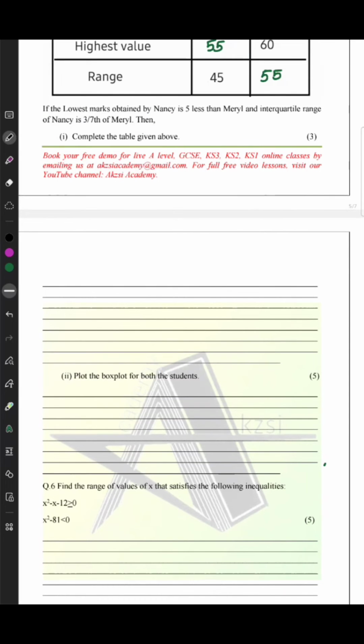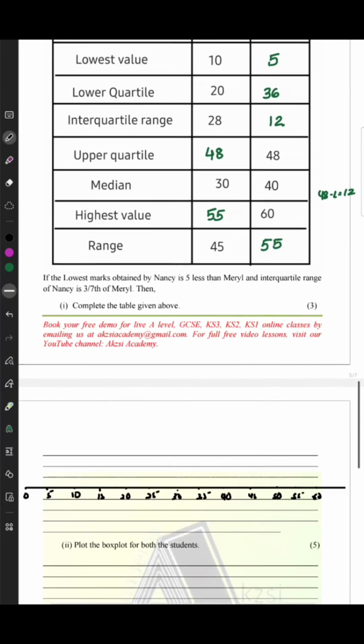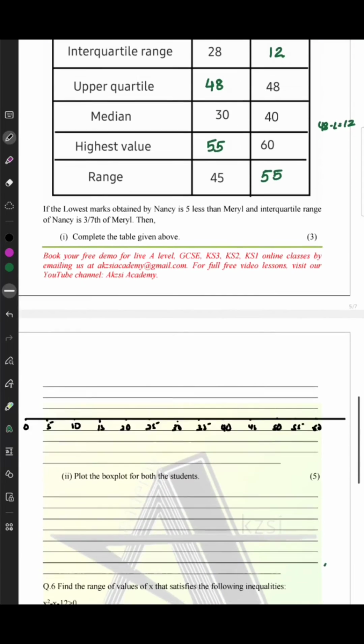So let me just draw the scale right here. So 0, 5, 10, 15, 20, 25, 30, 35, 40, 45, 50, 55, 60. So highest value is 55, lowest value is 10.